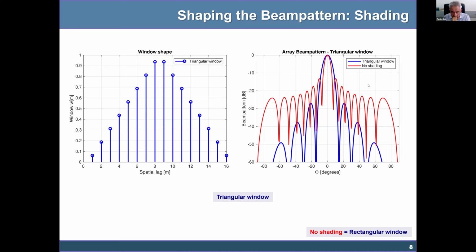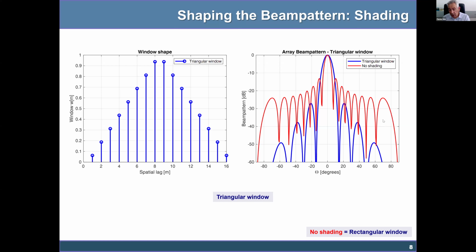Now, when you change this transition, what remains constant, it can be proved, is the area behind the beam pattern. So the area is constant. Maybe this is not obvious from this picture because it is in dB.